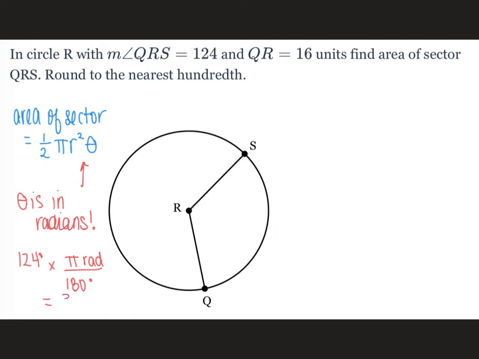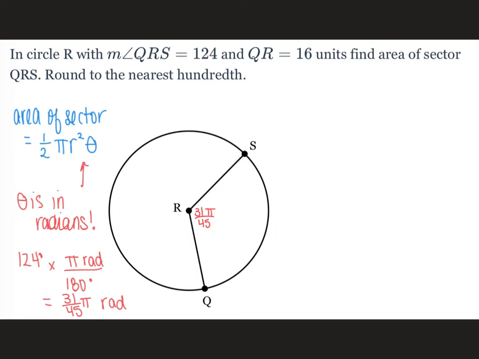So this fraction would be 31 over 45. We still have that pi, so you can either write that as 31 pi over 45 or 31 over 45 pi, it's the same thing. And then our units were radians. So we have our angle measure now: 31 pi over 45. We know that QR, which is the distance that they're telling us, is our radius.